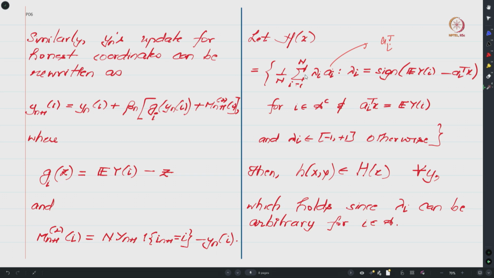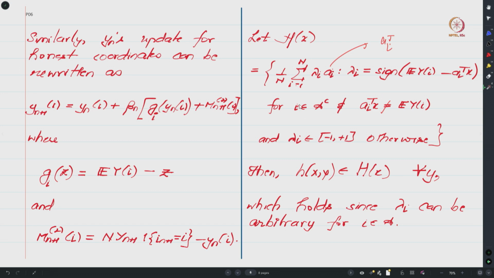In particular, let me state that again. For every i that is not in the set of adversaries and a_i transpose x not equal to expected value of y_i, so if they were equal, then the argument to this sign function would be 0, so let us try to avoid that case for the time being.